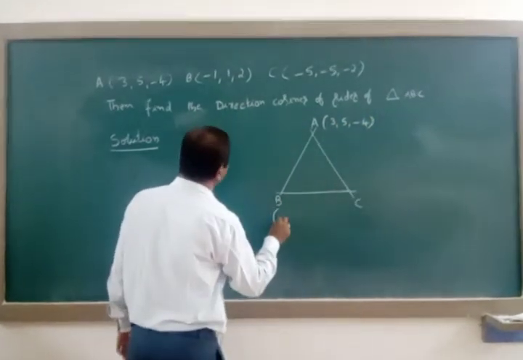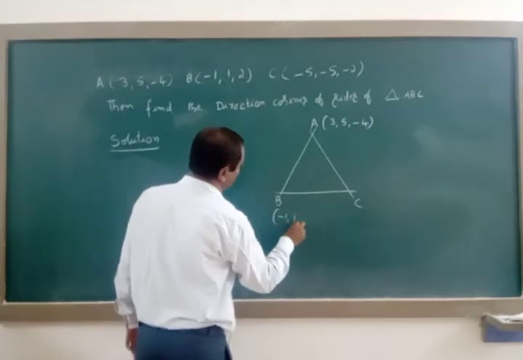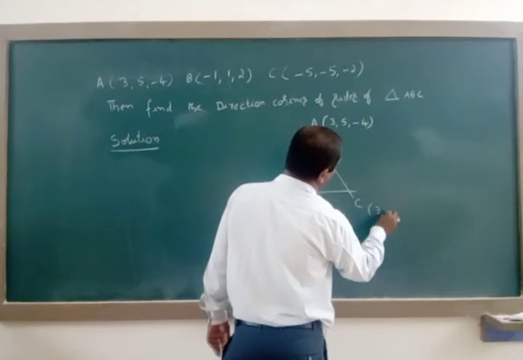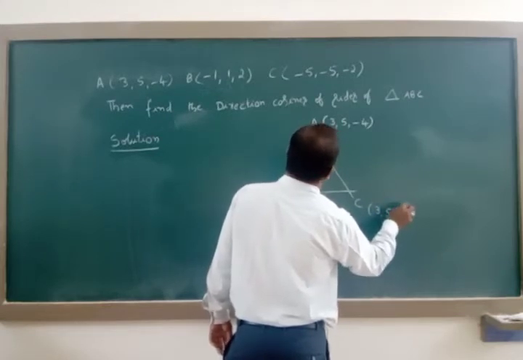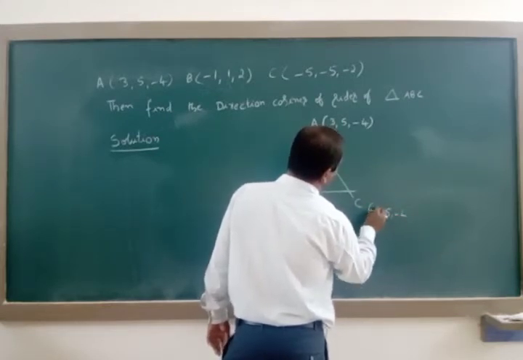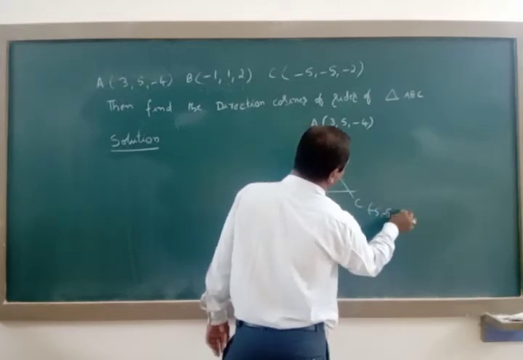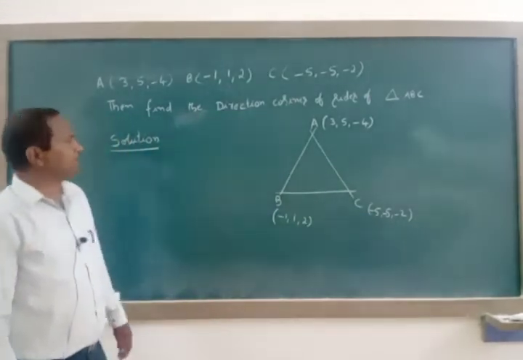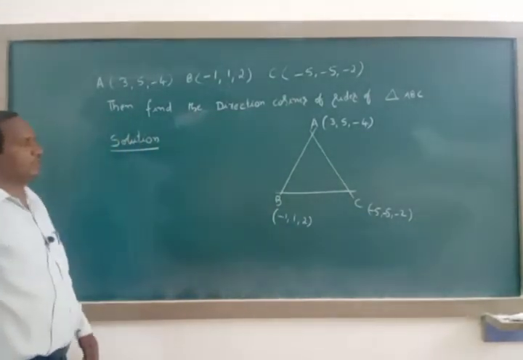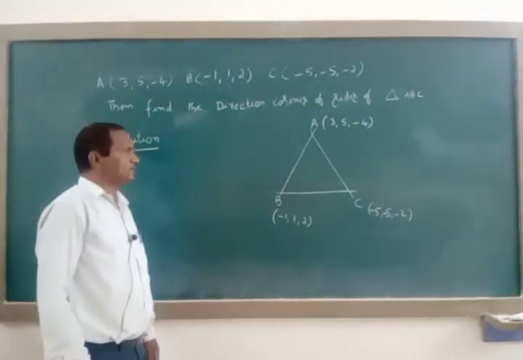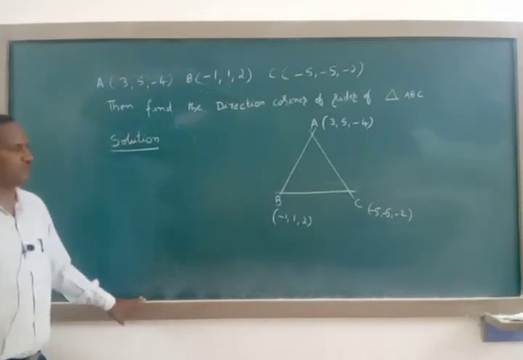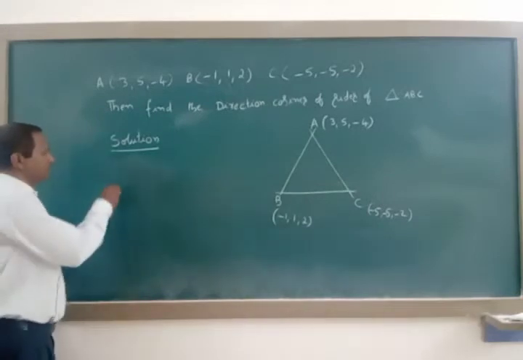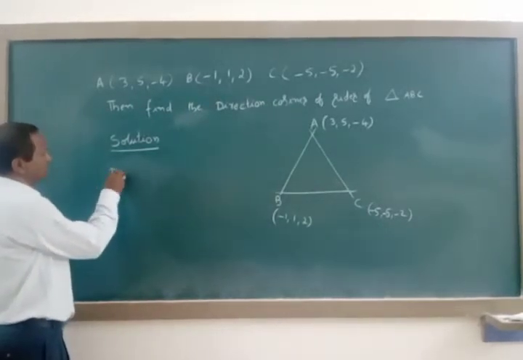B is minus 1 comma 1 comma 2. C is minus 5 comma minus 5 comma minus 2. First, individually, we have to find the direction cosines of AB, direction cosines of BC and direction cosines of AC or CA.